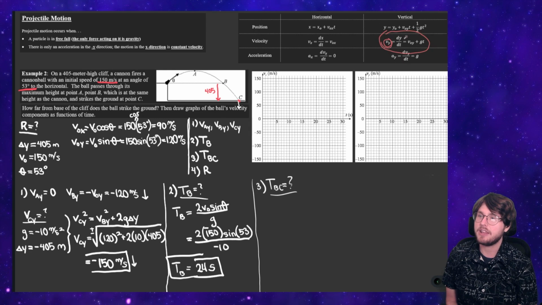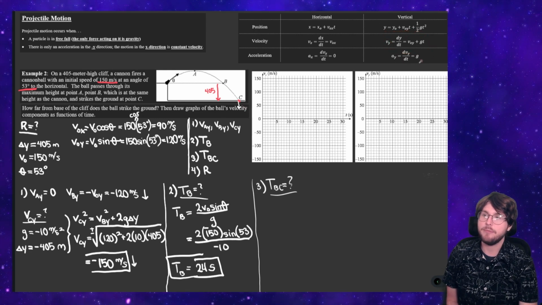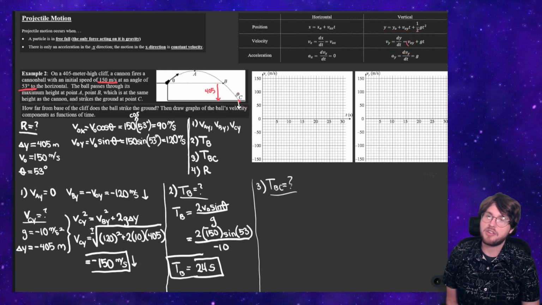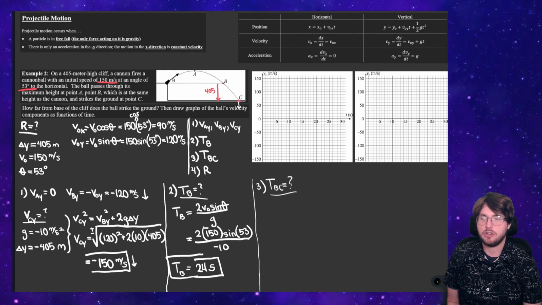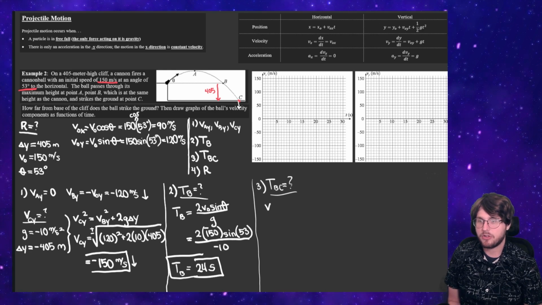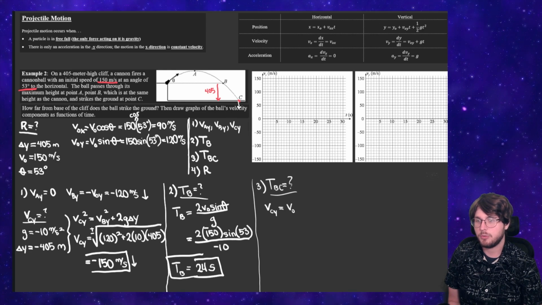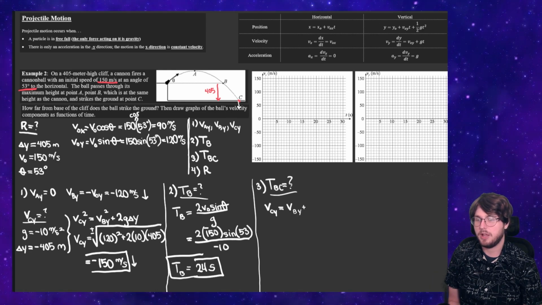This Vy right here is the velocity at point C. This V naught Y is the velocity at point B, and then G and T are the remaining 2, and those should be trivial. So we're going to use VCY equals V naught Y, or sorry, VBY plus G times TBC.